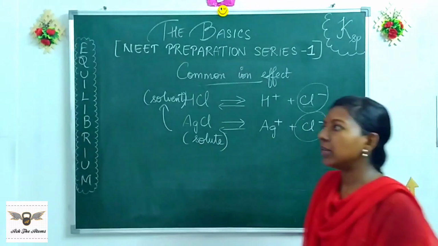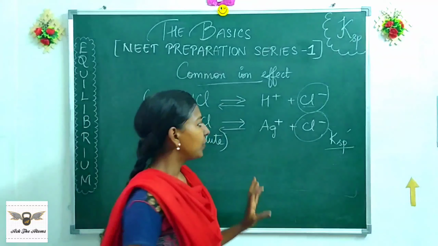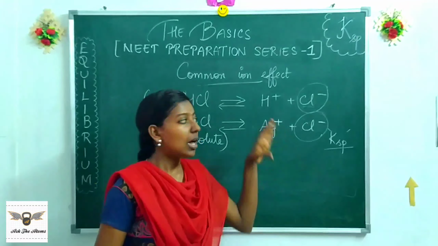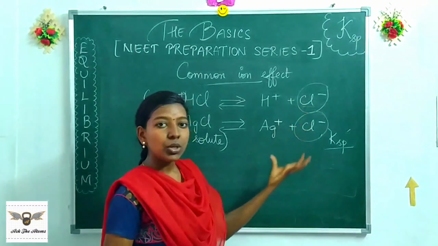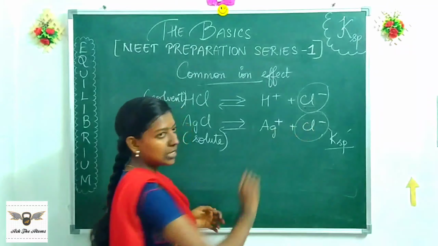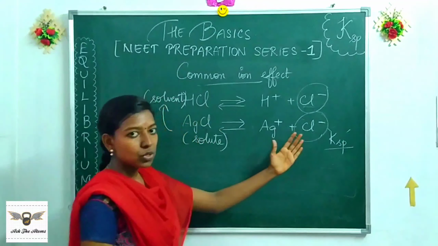So now what is going to happen? This is similar to Le-Chatelier's principle. This particular problem is the same as addition of extra Cl minus to AgCl. What happens when I add Cl minus to AgCl? You would know that when I am adding a lot of products, the equilibrium shifts to the left side.